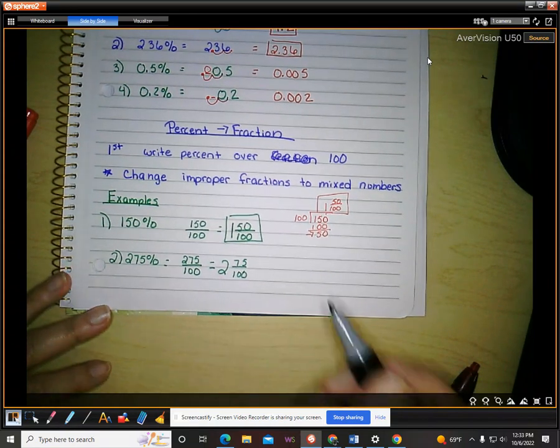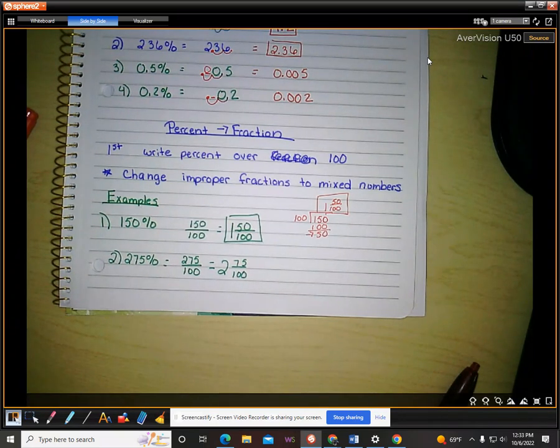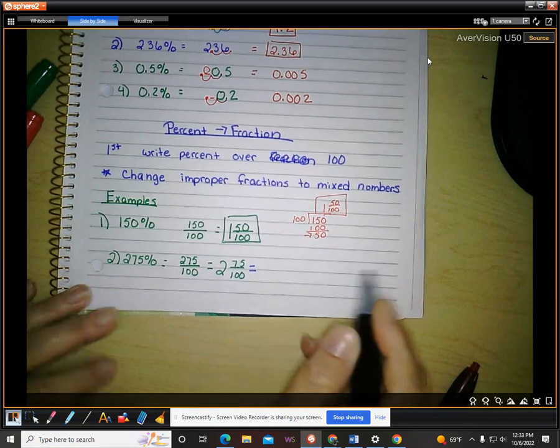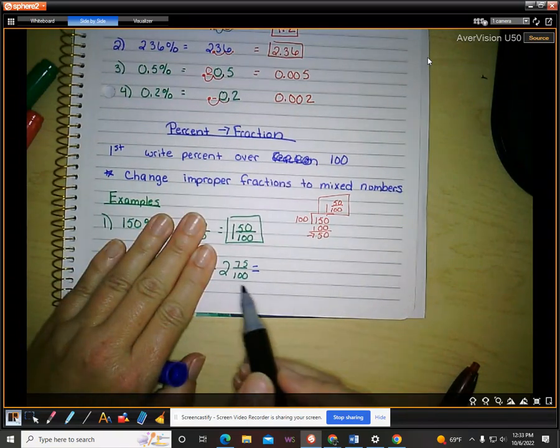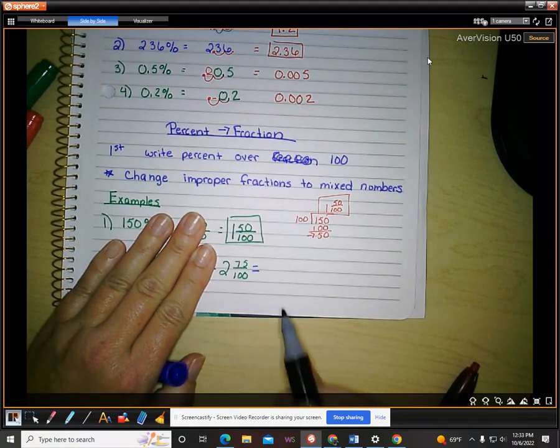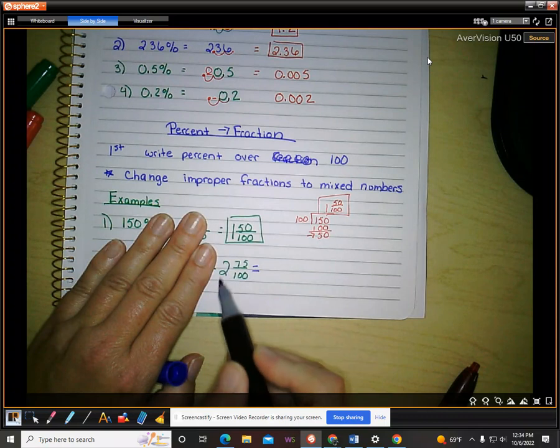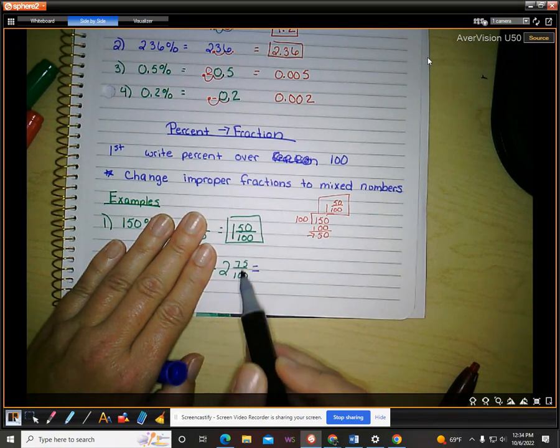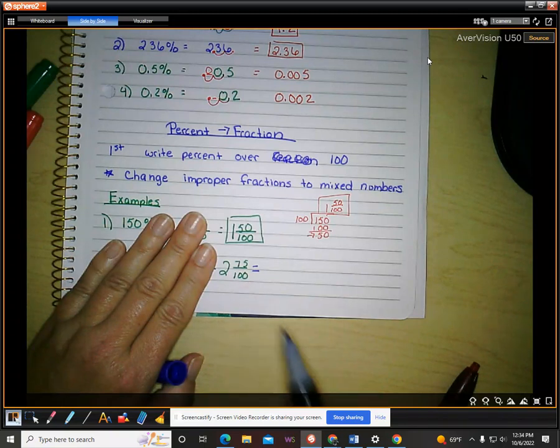Now, I'm going to throw something else in here. Writing that as a decimal. If you can read the fraction, you can write it as a decimal, right? Because we know our place value. How would I write this as a decimal? 2 and 75 hundredths. Don't read it to me.